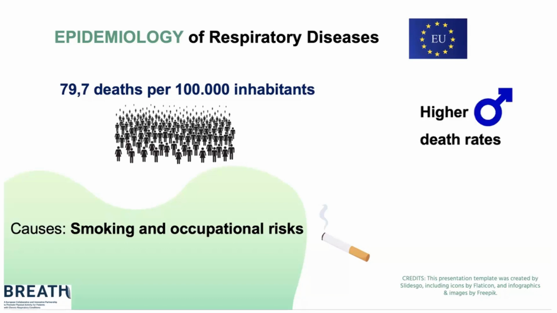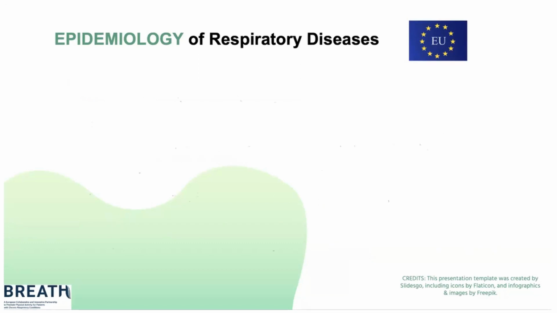And the higher death rates come mainly in men and elderly people over 65 years old, so males over 65 years old with smoking and occupational risks are the population most at risk of developing respiratory disease and having an increase in acute respiratory symptoms.